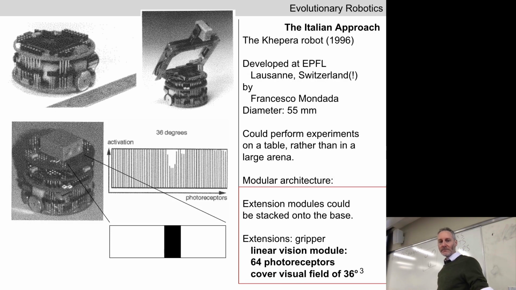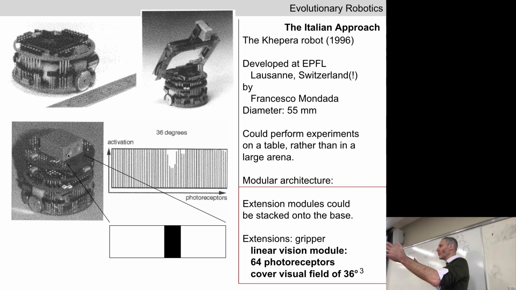Okay. Here's a different extension. We just saw the gripper. We're going to actually look at the first evolutionary robotics experiment where they put a linear vision module on top of the robot. Not quite a camera. It's kind of a very crude camera.